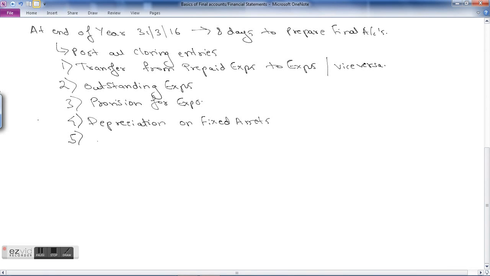Then there is provision for bad debts. You need to calculate the provision for bad debts and accordingly post the entry.